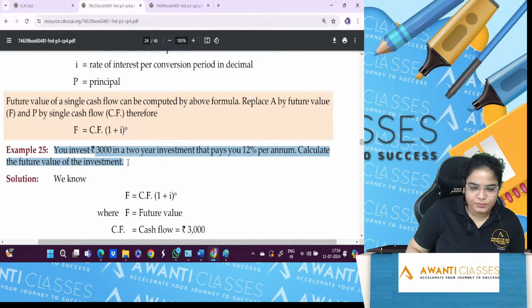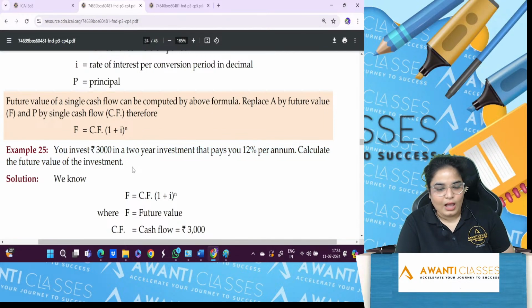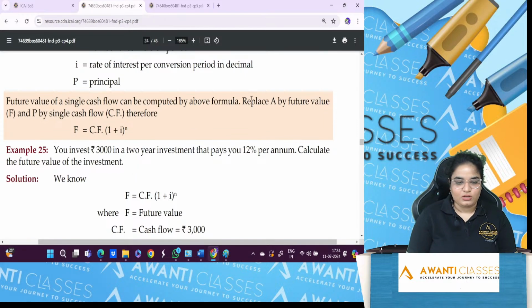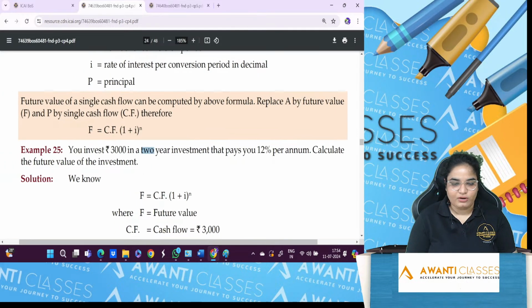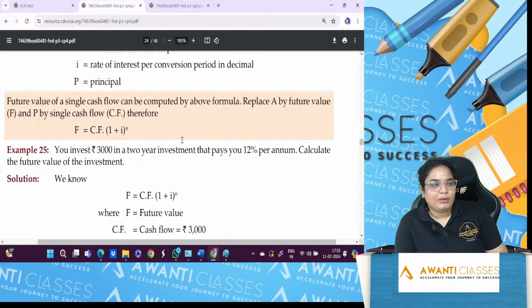here. Okay. What are they saying? They are saying, I have put in one bank 3000 rupees today. Okay, this is not a loan. This is my personal savings. I have gone to SBI and I have put in one FD and I have said, give me after 2 years. 2-year investment. Okay, they said 2-year investment. They are saying bank will pay me 12% interest per annum.